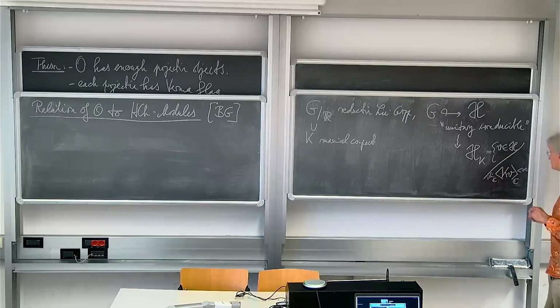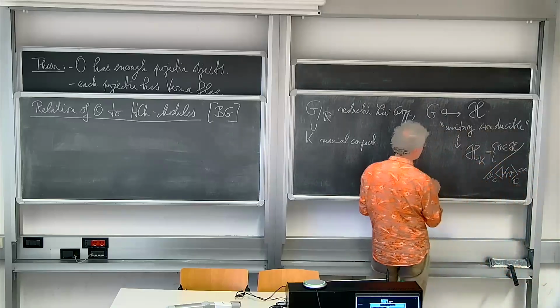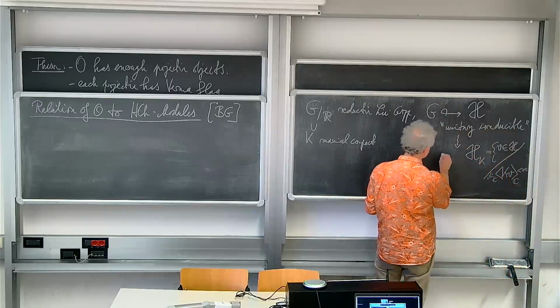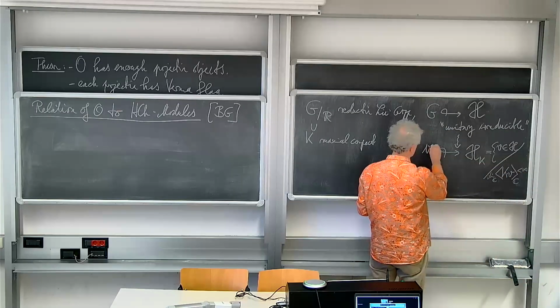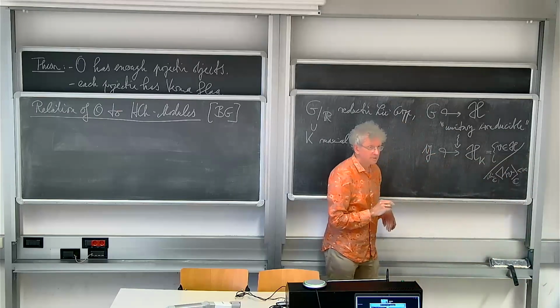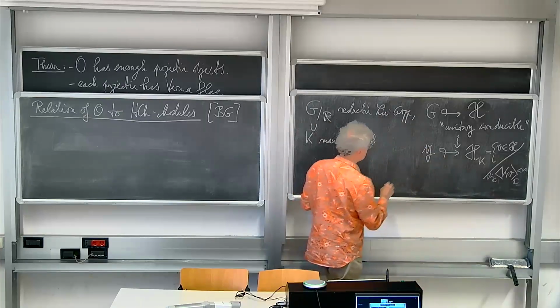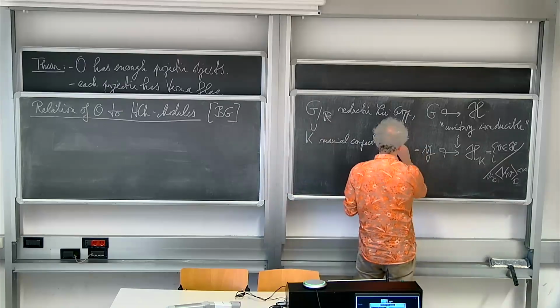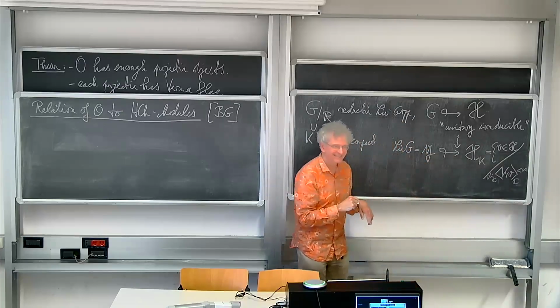And then on these K-finite vectors acts the Lie algebra of the group G, which is a real Lie algebra.